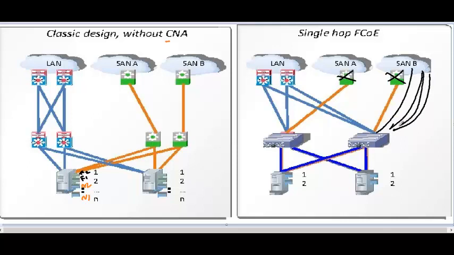So here I need three modules. One is unified to connect to the server. Another one is another line card, another slot with only Ethernet, another slot with FC. This is a nice picture which explains what we are talking about now. You see, the server has got a CNA adapter.